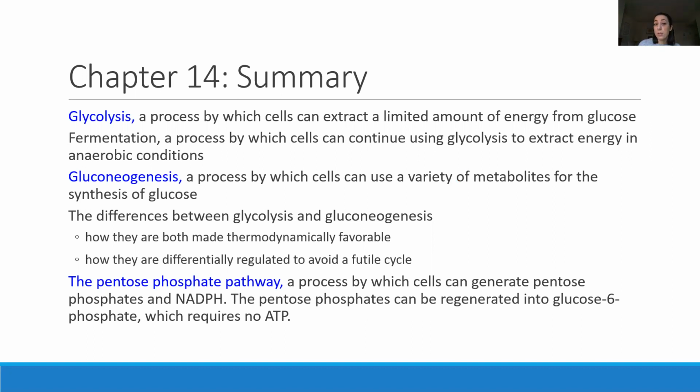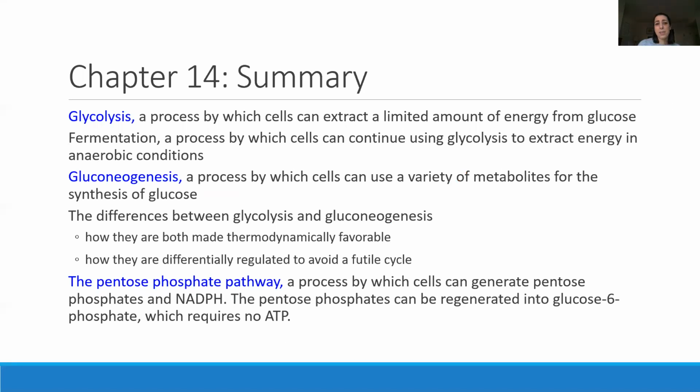We then talked about gluconeogenesis, the process in which you can use a variety of metabolites like amino acids, etcetera, to funnel into making pyruvate, which can then be backwards synthesized into glucose. We looked at some of the differences between glycolysis and gluconeogenesis, those enzymes that are different, how they're differently regulated so that we aren't just futilely going through glycolysis and then going back up through gluconeogenesis, and how they're both made favorable.